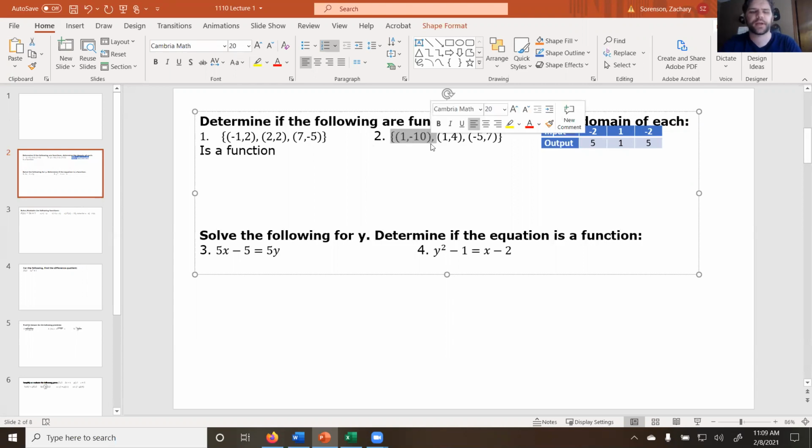This is what I was kind of getting at with the first question, but I had flipped them in my brain. Make sure you don't flip them in your brain. I have a single input going out to 2 outputs. So 1 is getting mapped to -10 and 1 is getting mapped to 4. That's the issue. I'm having this one input that is going to 2 separate outputs. That's not okay.